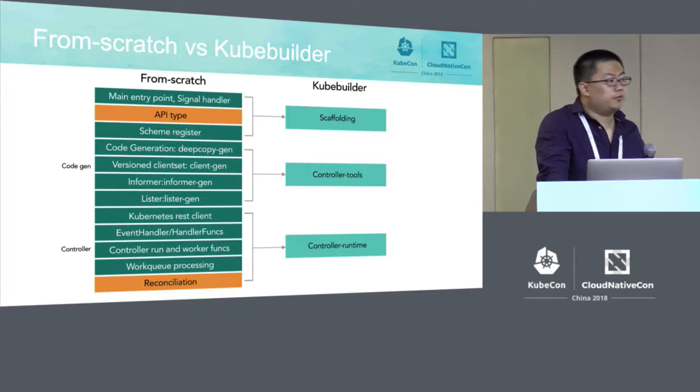Deep copy functions are required after the 1.8 version of Kubernetes. And then a user has to write code to facilitate the stuff we talked about before. The last important part is to implement the reconciliation logic in the controller.